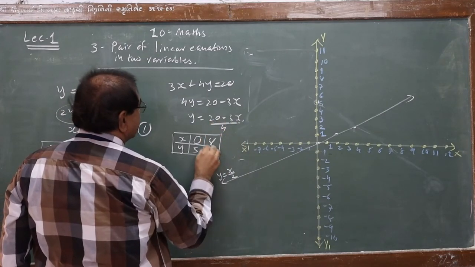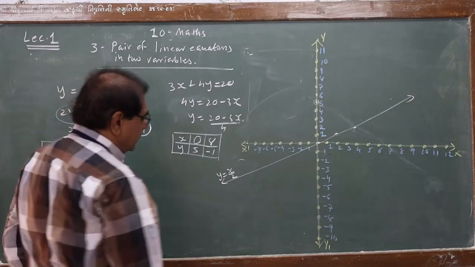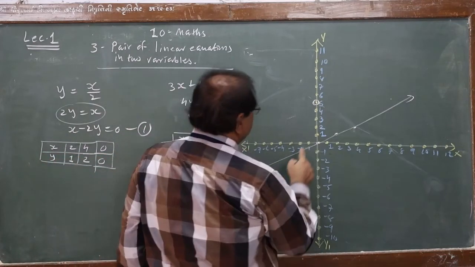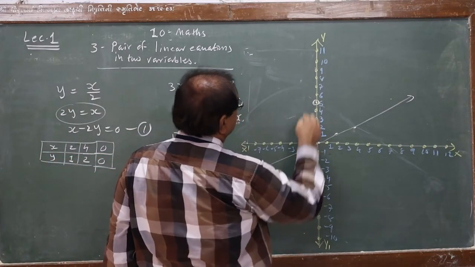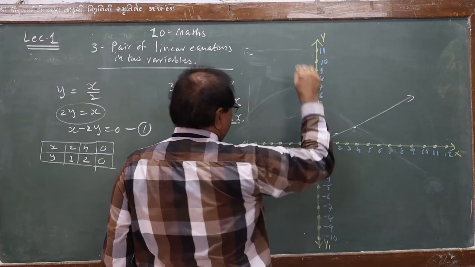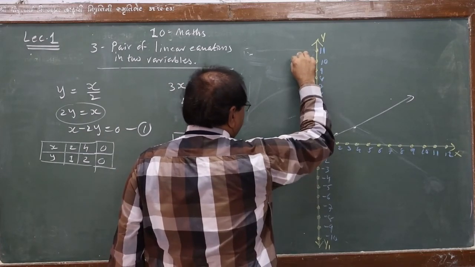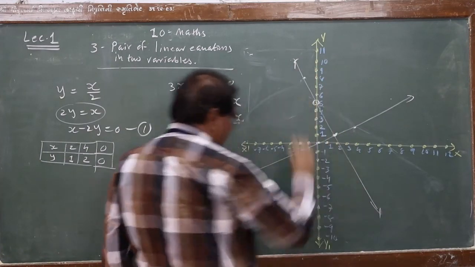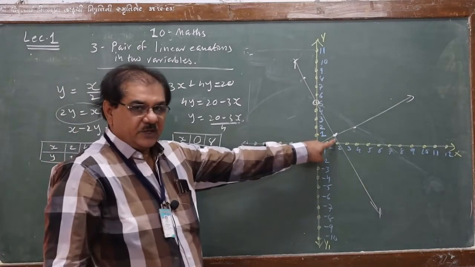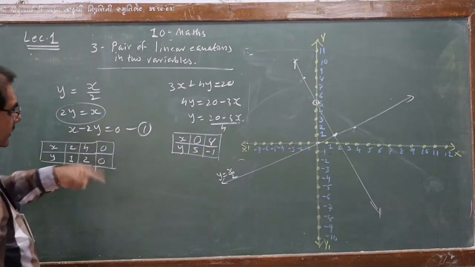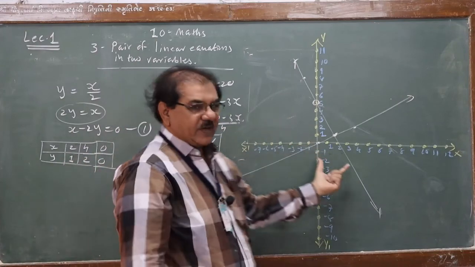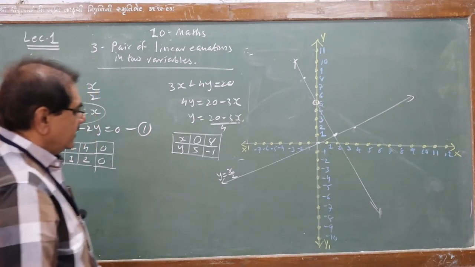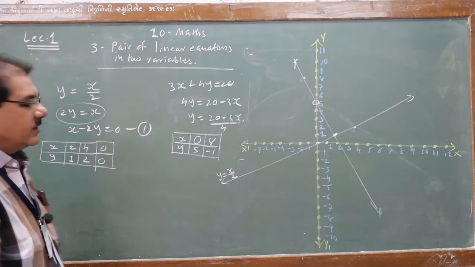Minus 4 upon 4 is minus 1. These two are the points. (0, 5) is here, and (8, minus 1), it is somewhere here. Okay. So this is the line, and where they intersect, that is your solution for both. Okay. So this is my rough graph, but when you draw it actually on the graph paper, you can get your answer exactly. Okay. So this is how you can solve your question.